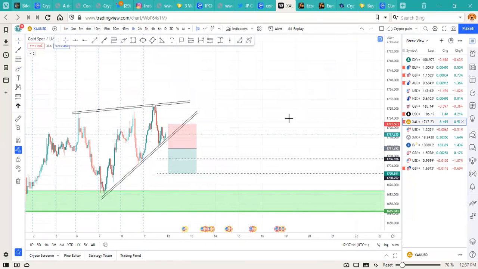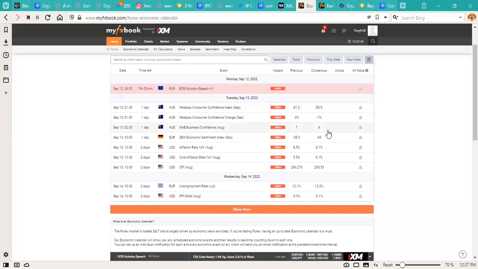Thank you so much. And for the exact day these trades will trigger, we have to check out the economic calendar for the next week, because the calendar determines when the volume is pumped into the market. Over here, we can see that by September 12th, which is tomorrow, the market will be moving to the upside.